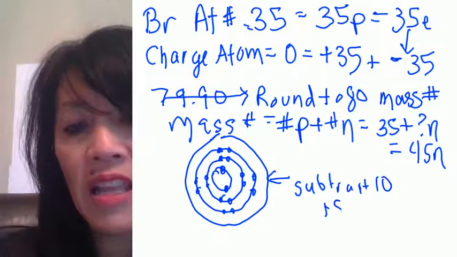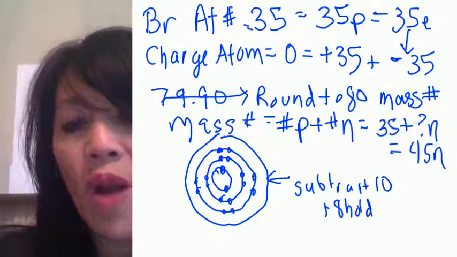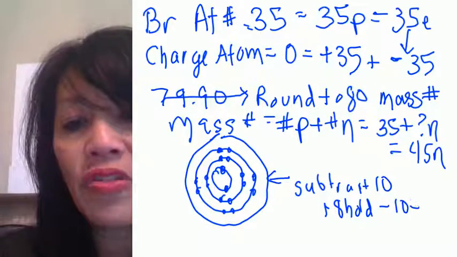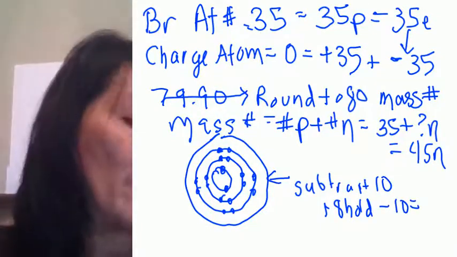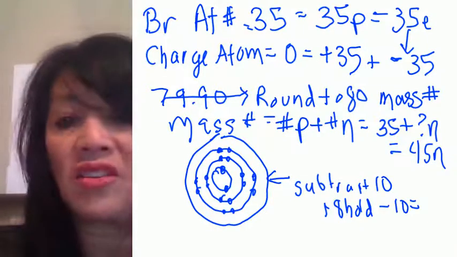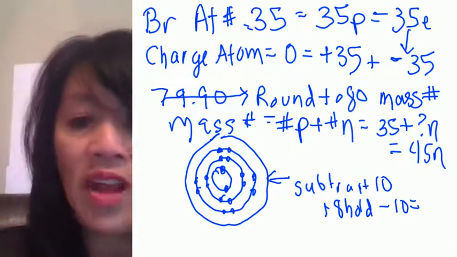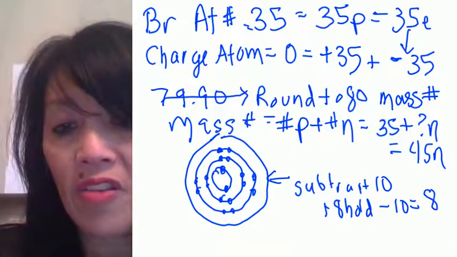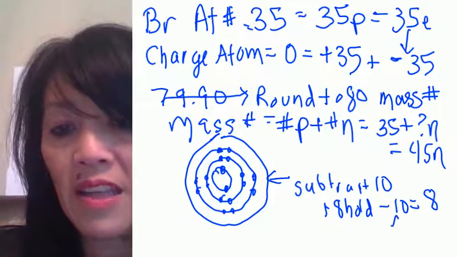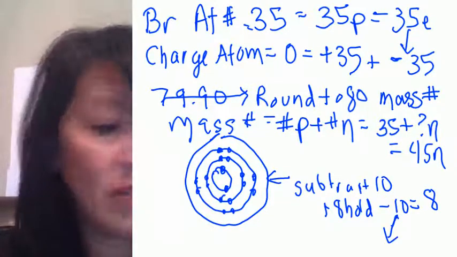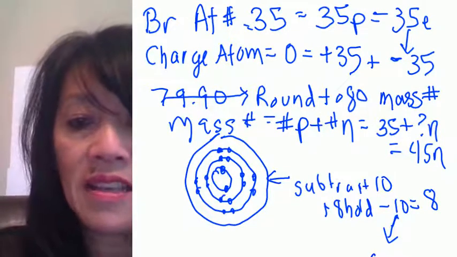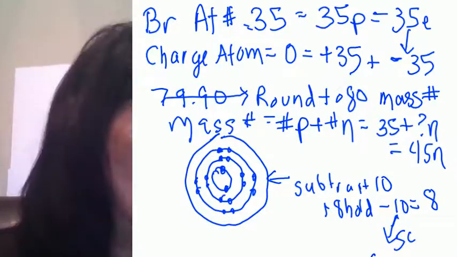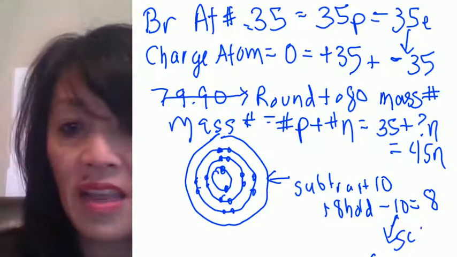That means there's 18 that it holds, but why are we subtracting 10? It's for those 10 elements in the middle of the table, from Sc to Zn. So if we subtract 10, it holds 8 electrons. So again, I'm subtracting 10 because of the elements from Sc, scandium, to zinc.